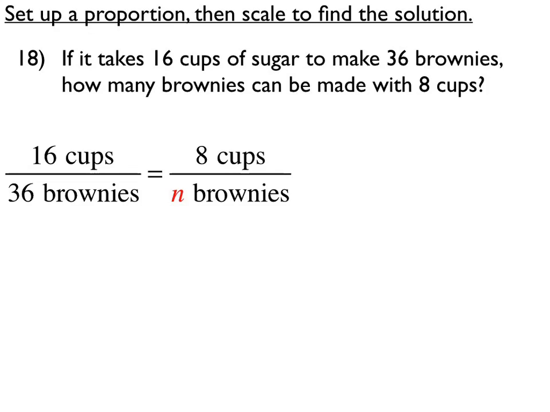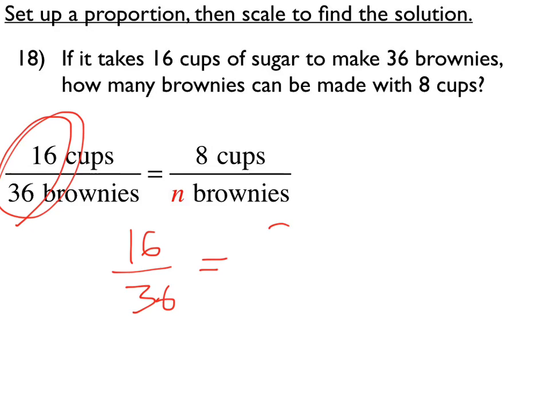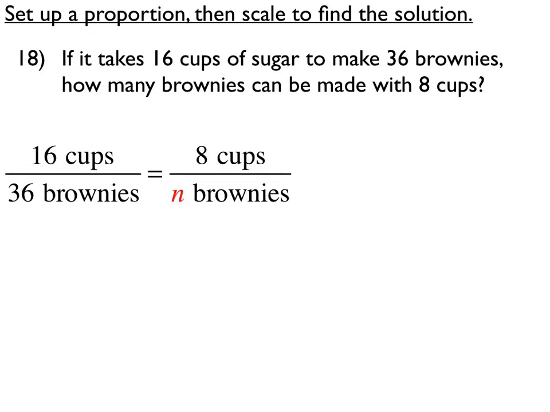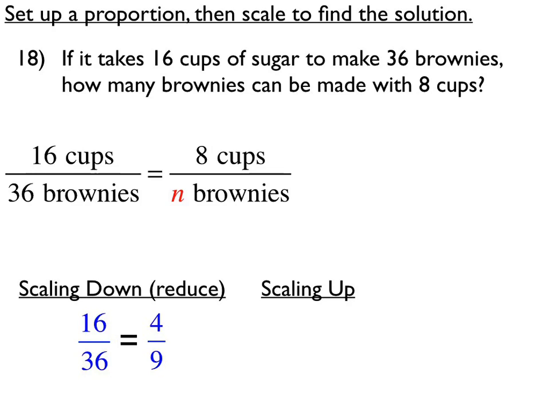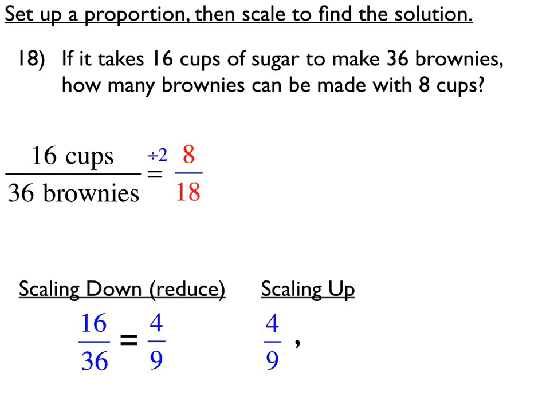For some of you, it might be easier if you take the given ratio here, 16 over 36, and try and reduce that. Obviously, you don't need to, but in some problems it may make the way to find a solution a little bit easier for you. But regardless, we should get 18 brownies for that one.